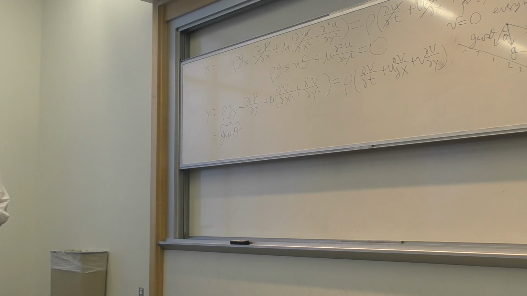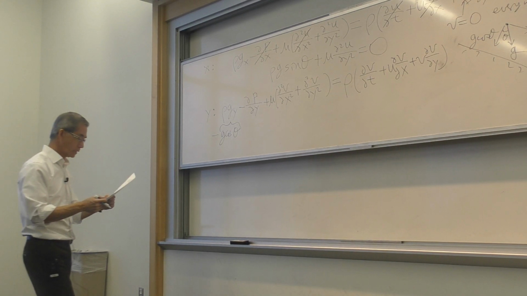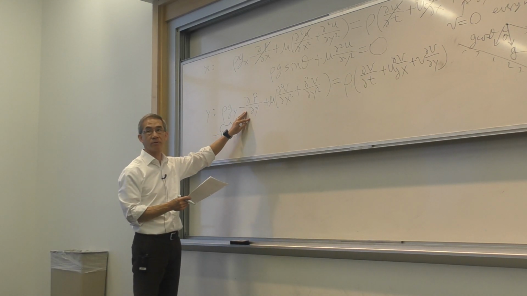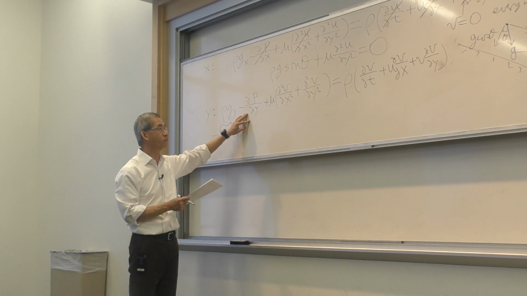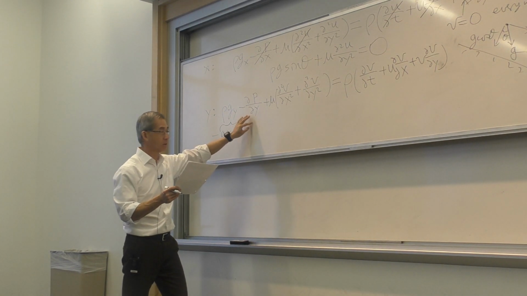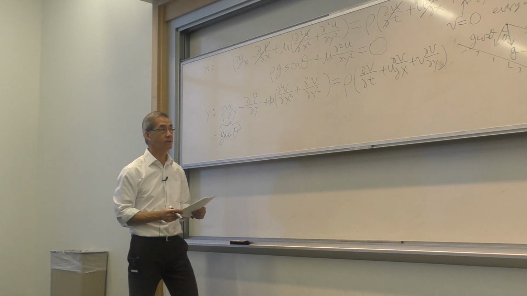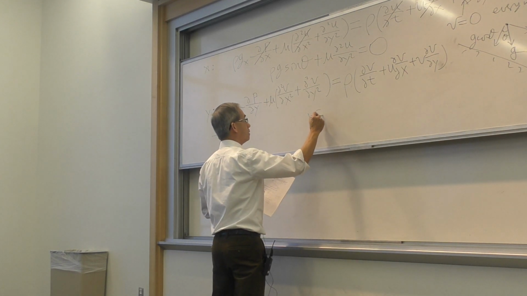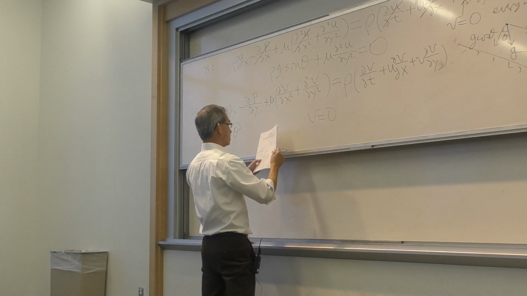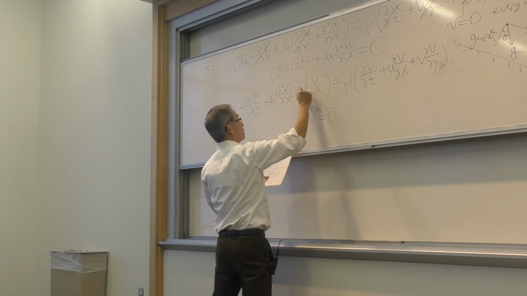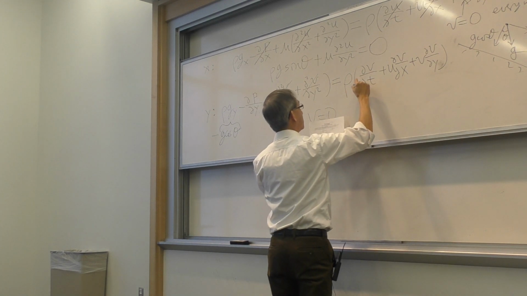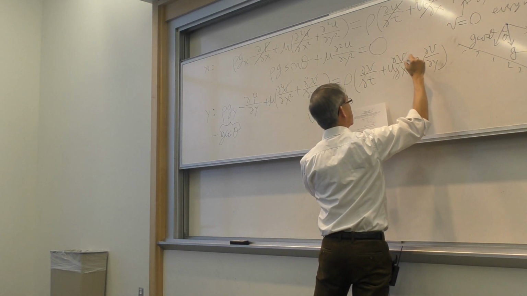Okay, what's the next step? I cannot touch dp/dy, nothing is said about the pressure here, so I have to leave it alone. What about this term? If you see the fact that v is 0, everything here basically disappears.